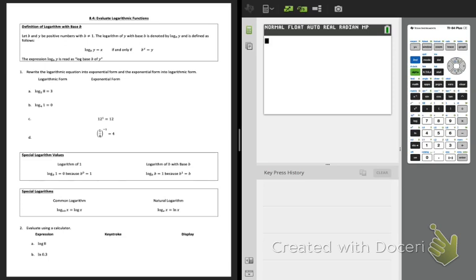So A and B, I have logarithms written out. So in A, I have log base 2 of 8 is equal to 3. What I'm going to do is convert it to exponent form. So the base of the log is the same as the base of exponential form. So in this case, I have a base of 2, which means I have a base of 2 for my exponent form.